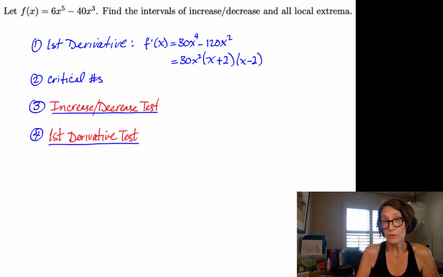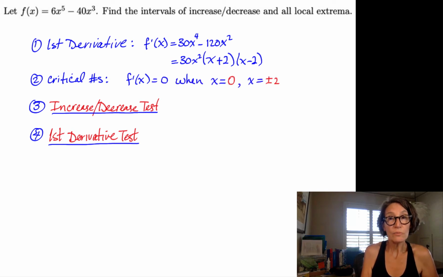The critical numbers, remember, are all the numbers in the domain of the function for which the derivative doesn't exist or the derivative is 0. Our domain is all real numbers and the derivative is a polynomial, so there's no place where the derivative doesn't exist. The only places where the derivative is 0 are at x equals 0 and x equals plus or minus 2. So there are 3 critical numbers.